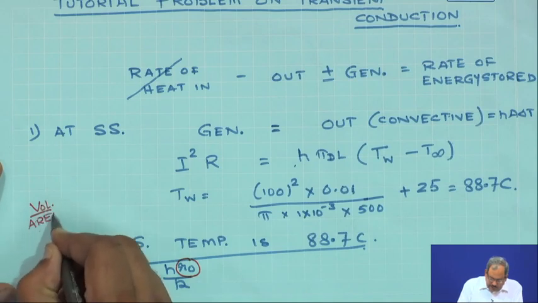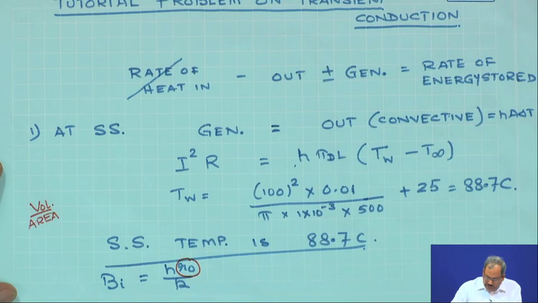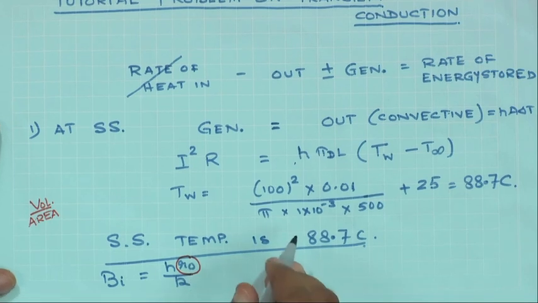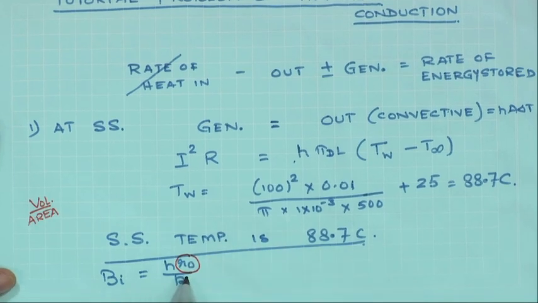For a cylinder it is not going to be R_0, it is most likely going to be R_0 by 2, but as I have mentioned, in order to be on the conservative side of calculations, the length scale is always chosen as the dimension across which we are getting the maximum temperature drop.